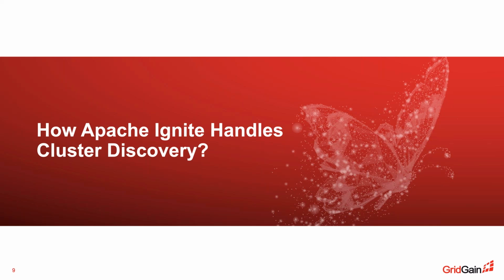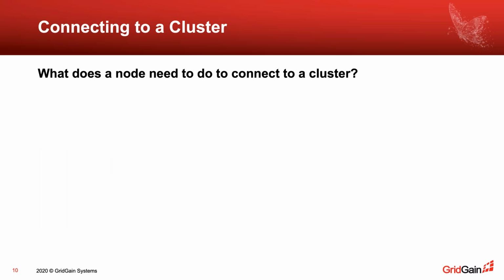Next, let's talk about our second function, and let's talk about how Apache Ignite handles cluster discovery. And we will see that communication is not the only component that we need for networking, and that there are other functions that need a different approach. So what does a node need to do to connect to a cluster? And the answer is pretty logical.